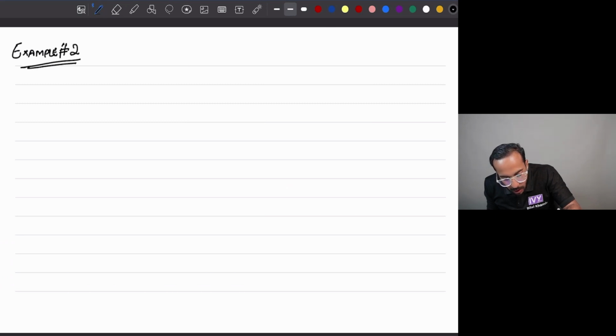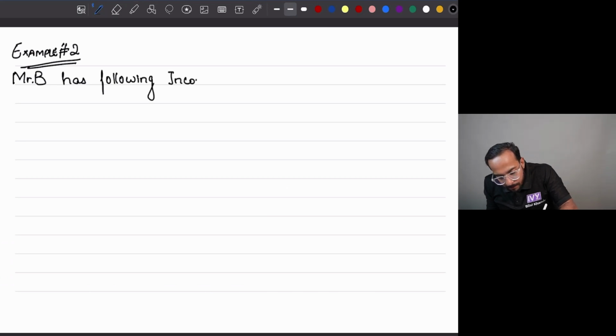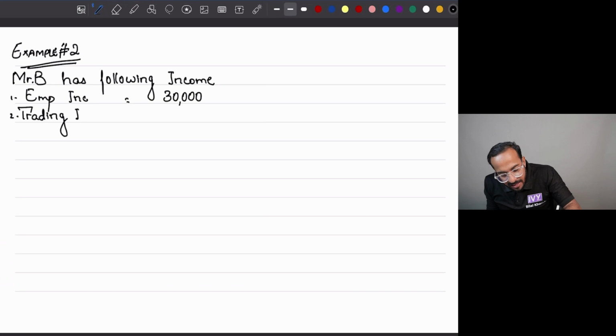Example number 2. Now this will be just a bit more difficult as compared to the previous one. Mr. B has the following income. Number 1, employment income. Let's suppose 30,000. Trading income, the other name of trading income is self-employment income.